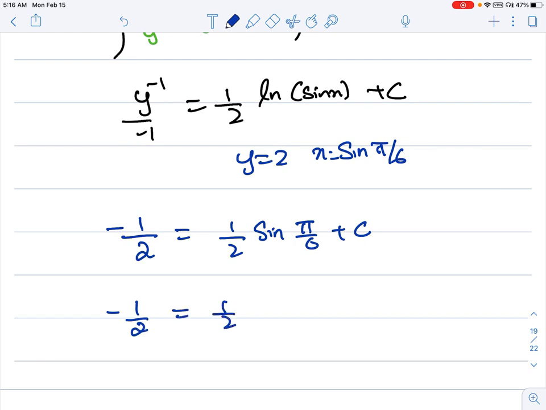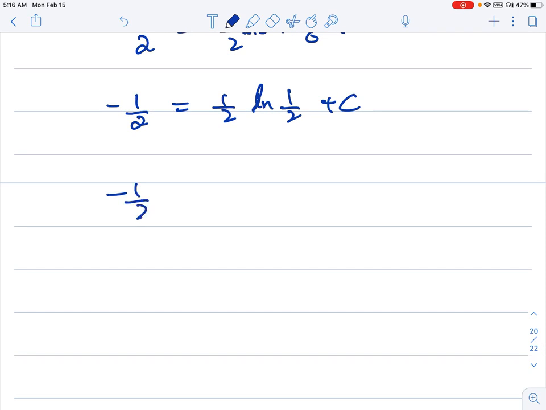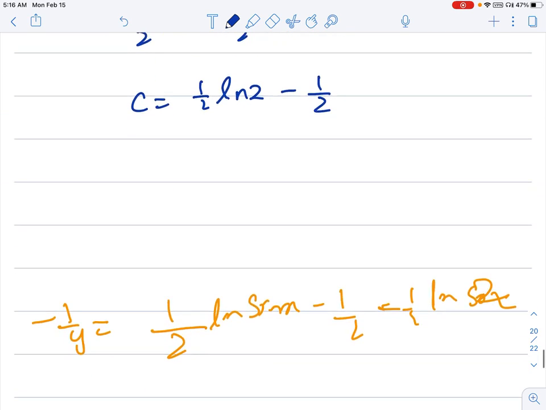Sine pi by 6 is 1 by 2, sine 30 degrees is 1 upon 2. So it becomes minus 1 by 2 is equal to minus 1 by 2 ln 2 plus c. So c is equal to 1 by 2 ln 2 minus 1 by 2. So now substitute the c value in the equation.